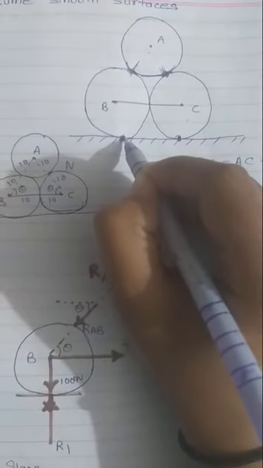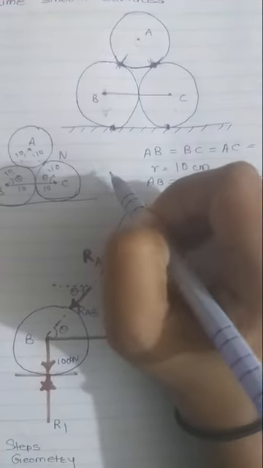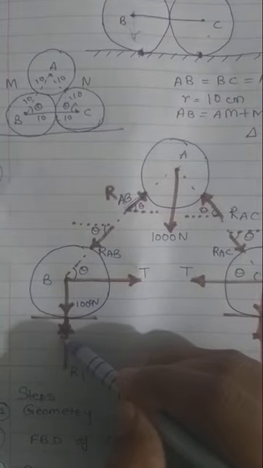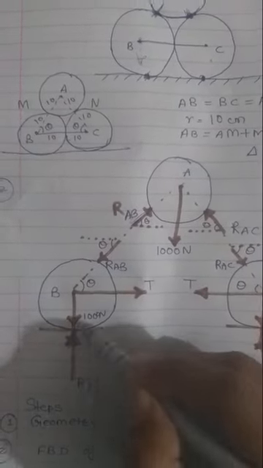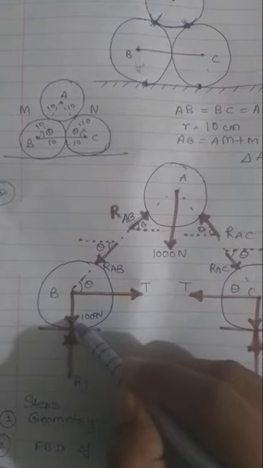For cylinder B, now there is one contact surface. Okay, this second contact surface, and at this point there must be the weight of the sphere. So for this one contact surface, I consider this as R1. So there is one reaction for this contact surface. Then weight of the sphere 1000.